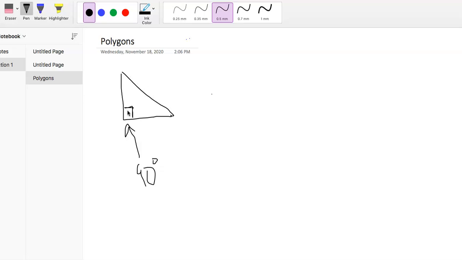So if this is 90, the total of a triangle is 180. That means this angle and this angle, those two angles total 90 degrees, to get us to 180. And so what that means is, even if this is like a crazy triangle, even if this one's 89 and this one's 1, both of these angles are acute.